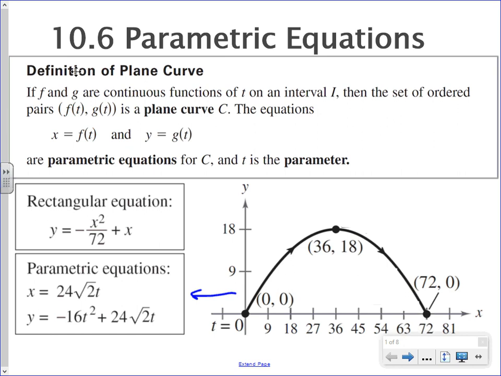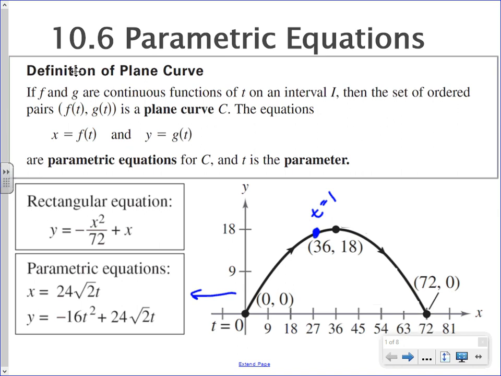Let me get my calculator real quick. So that point would be right here. This would be the point at t equals 1.